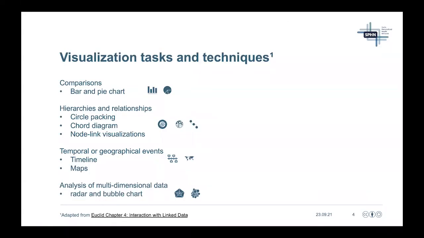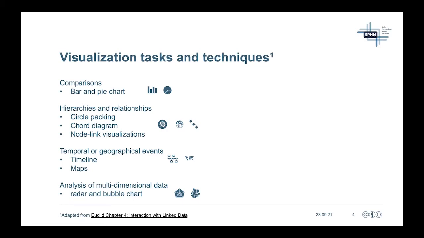Now, before we continue with the GraphDB visualization, I think it's a good idea to stop for a second, take a step back, and think about the different visualization tasks and techniques used commonly to accomplish this task. So for one often needs to do some type of comparison, and for this, bar and pie charts are often employed.